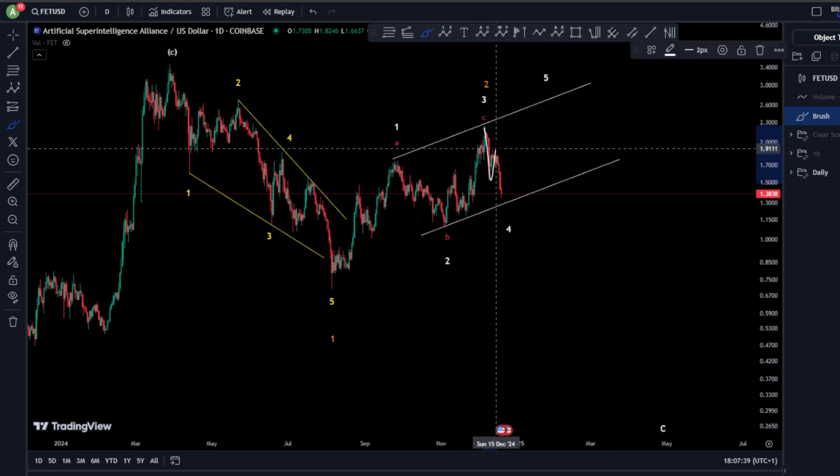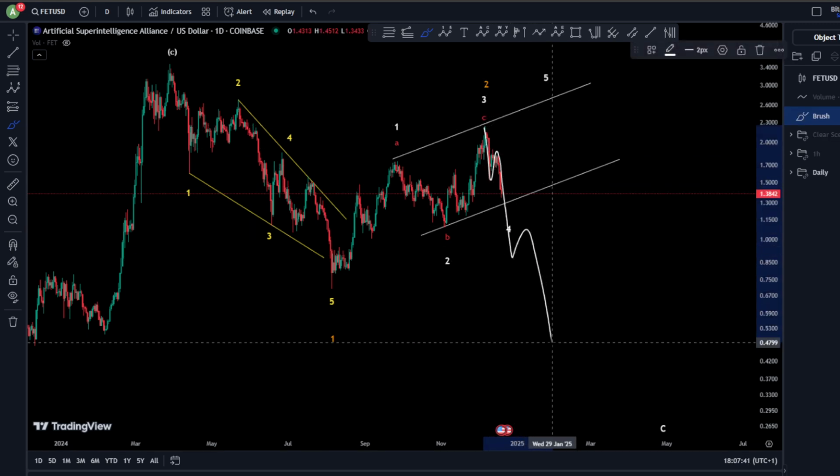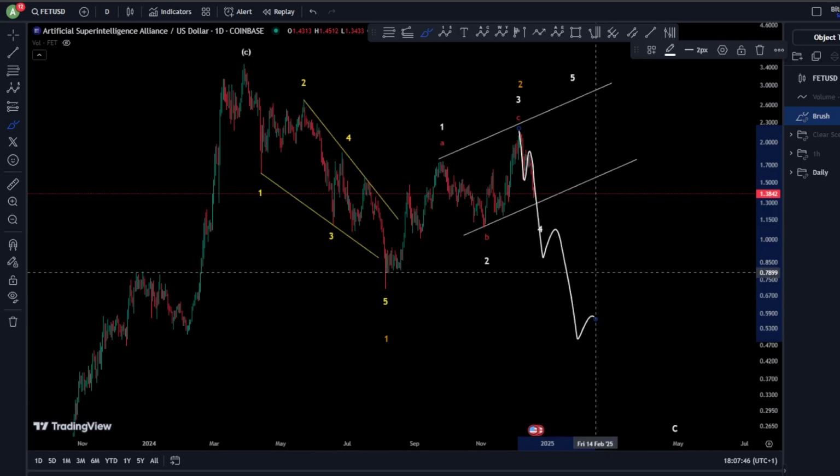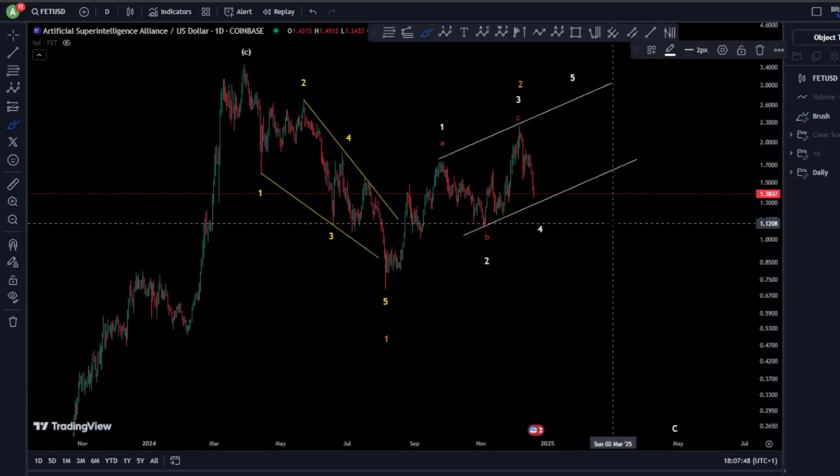And that means, of course, you would like to see 1, 2, 3, 4, and a 5 continuation of an impulse towards the downside. Now, there are two possibilities for this.